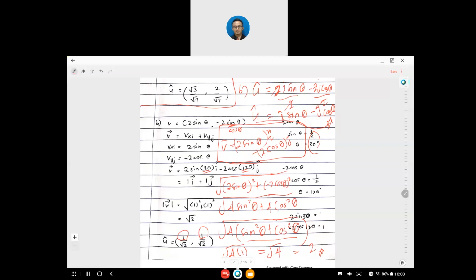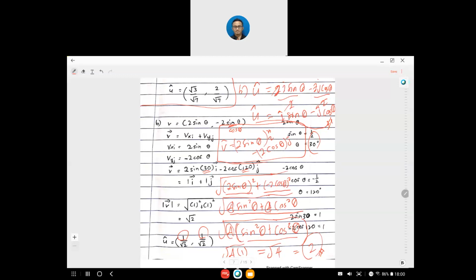Waktu awak nak cari magnitude, awak dapat 2. Macam mana awak dapat 2? How you get 2 in order to find the magnitude? Kita tahu magnitude adalah square root of 2 sin square theta plus 2 cos square theta. Expand square, awak akan dapat 4 sin square theta plus 4 cos square theta. Kita tahu, when you factorize 4, keluarkan 4 ni, awak akan dapat sin square theta plus cos square theta.